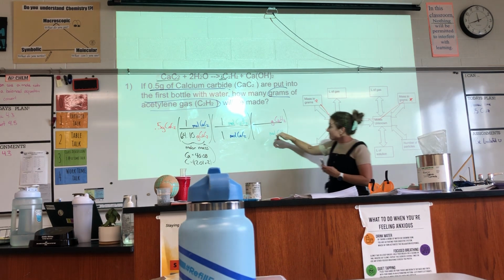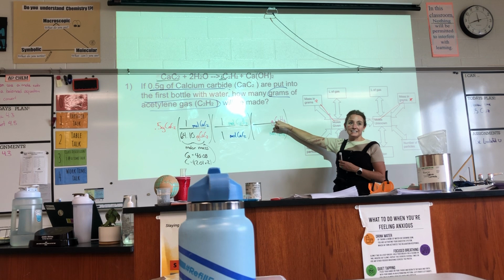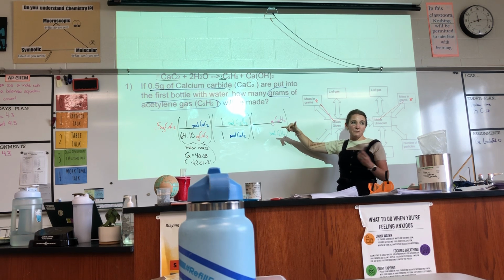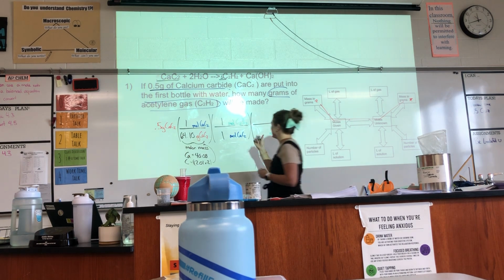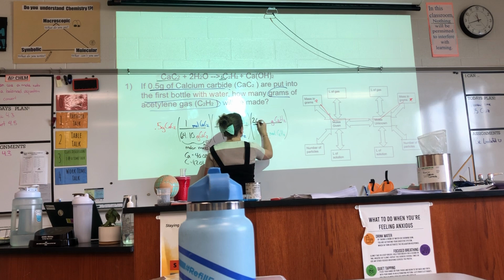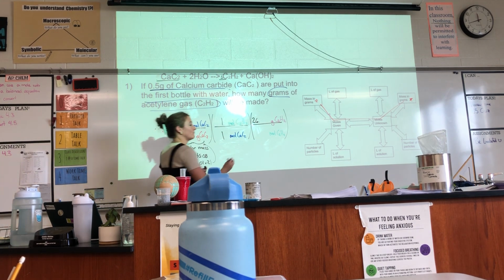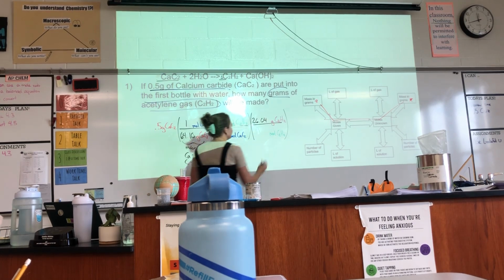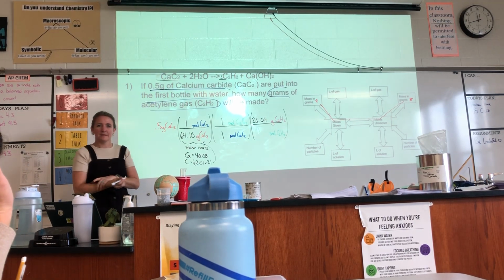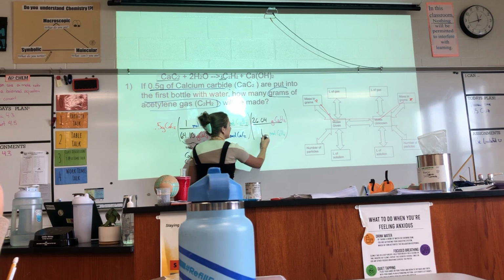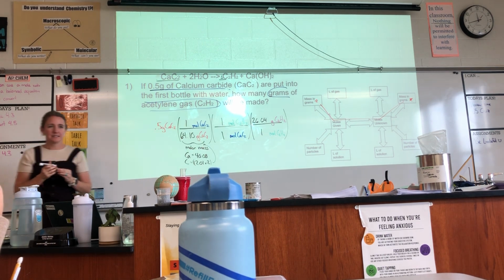So, final connection is mole to gram again. Same thing as before, but now it's the molar mass of C2H2. So add that up. It ends up being, I think, 26.04 if I round it. So there's that many grams in every one.